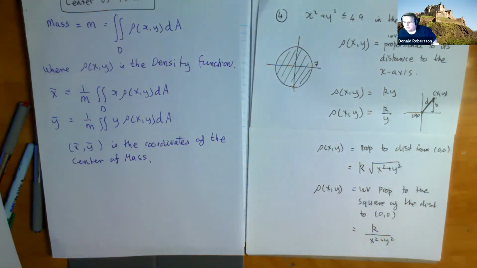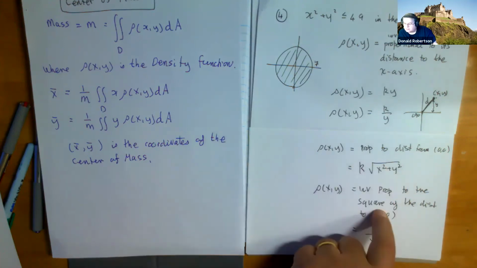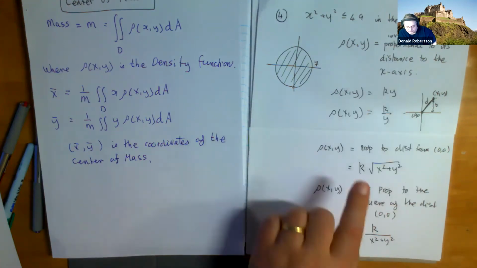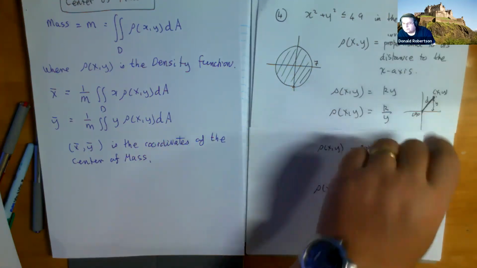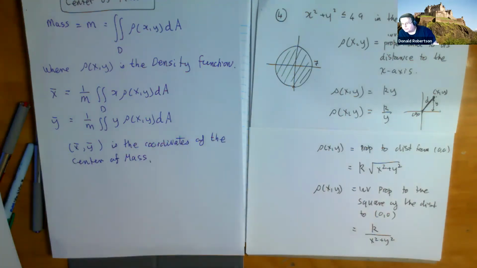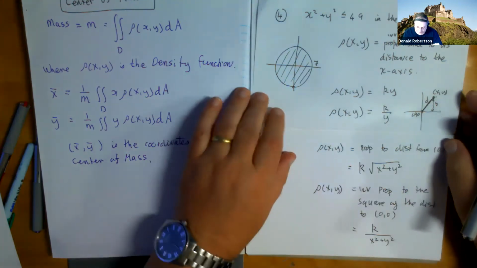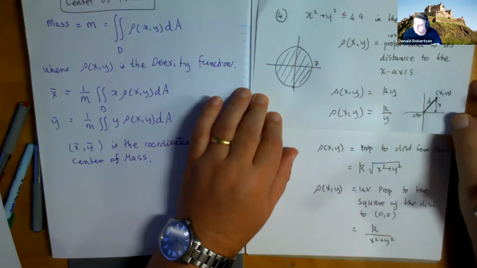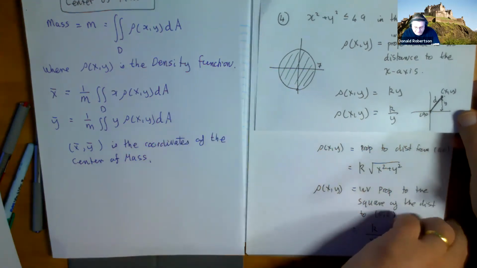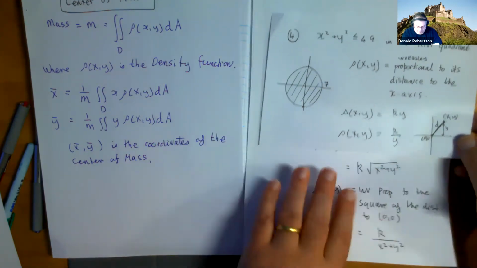There are going to be some questions where the density function is described in this kind of terms. And so you have to be able to take inverse proportion or proportion, the distance to the x-axis, the distance to the y-axis, the distance to the origin, whatever it might be, and convert it into these looking guys. Are we good?